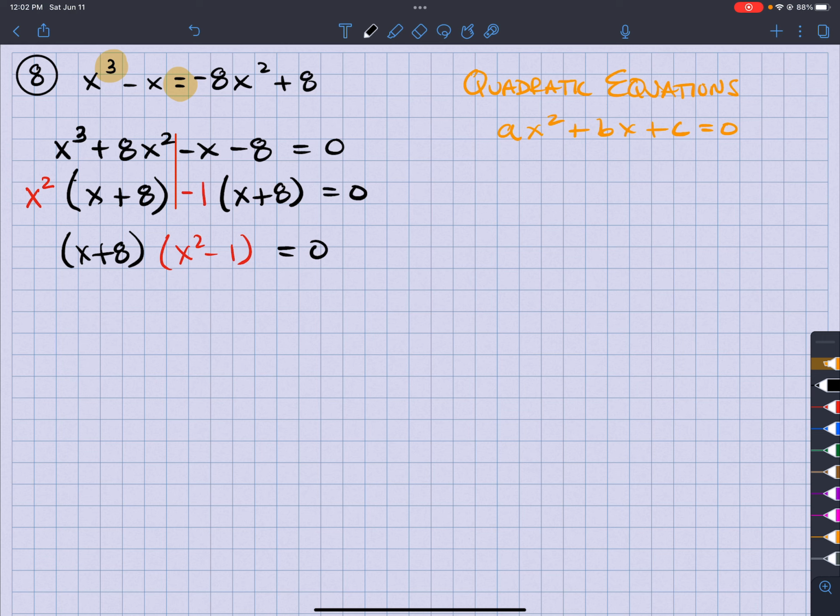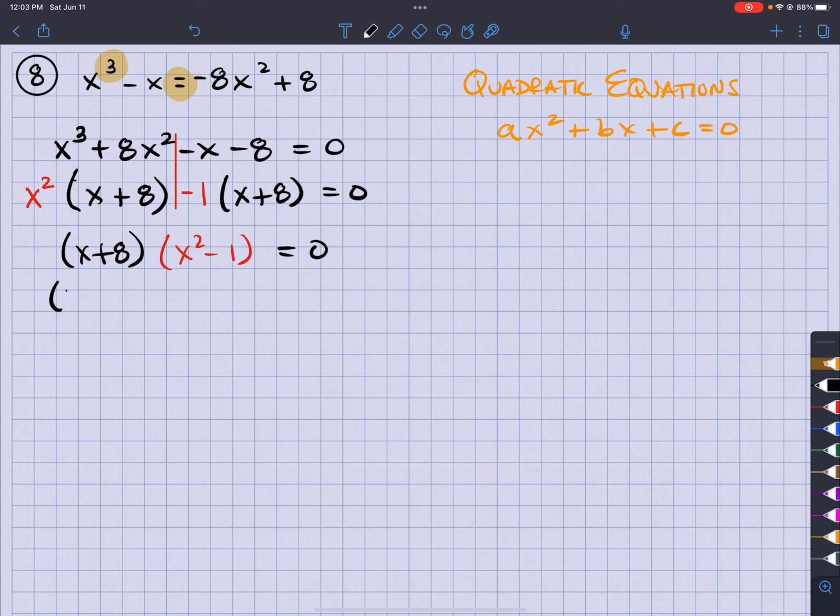But I'm not done. What do you notice about this? This is 2 terms, right? It is 2 terms, and this is a square term. This is a subtraction. And 1 is a perfect square. That means I'm not done with this yet, am I?